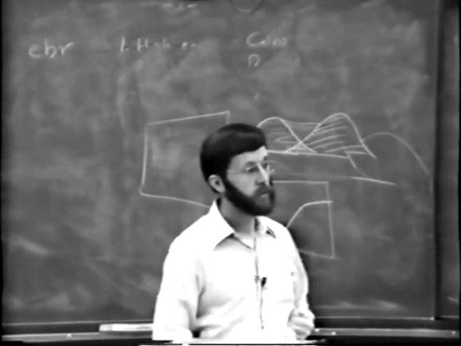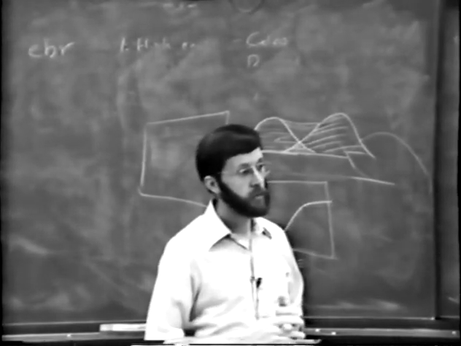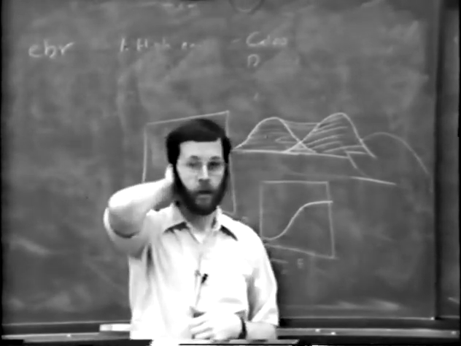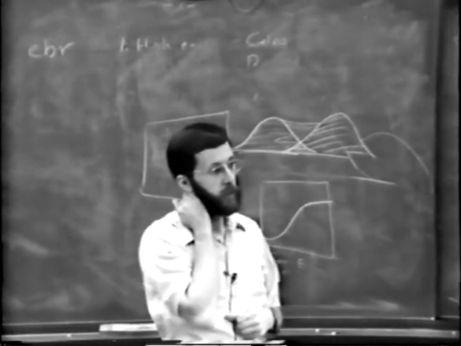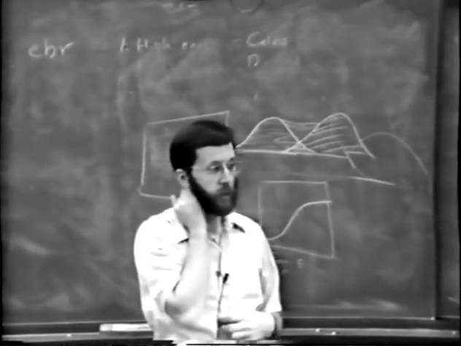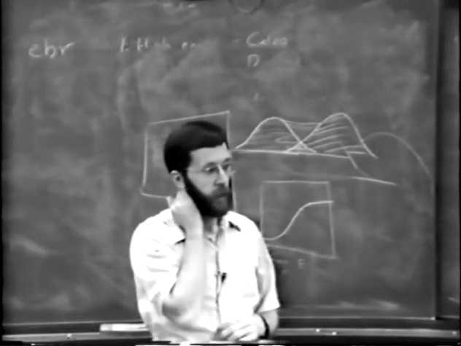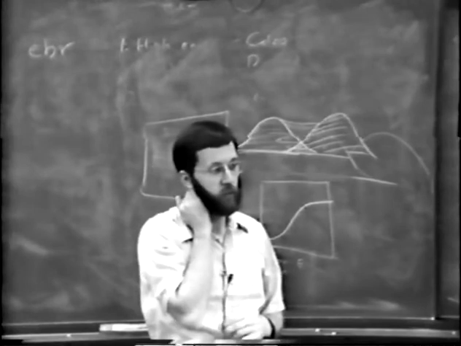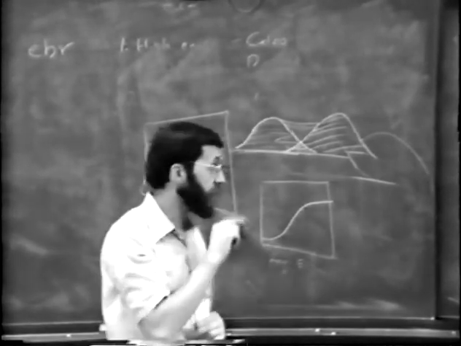Yes? At what resolution do you start picking these up? It's actually resolution independent. In other words, we did stuff at 4,000 line, you can see it, 1,500 line, 512 line. But there are things you can do.